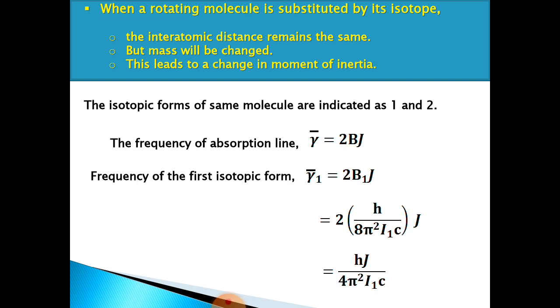The isotopic forms of same molecule are indicated as 1 and 2. The frequency of absorption line nu bar is equal to 2BJ. The frequency of the isotopic form 1, nu 1 bar, is equal to 2B1J, which is equal to 2 into h by 8 pi square I1 c into J. Here the value of B1 is substituted.